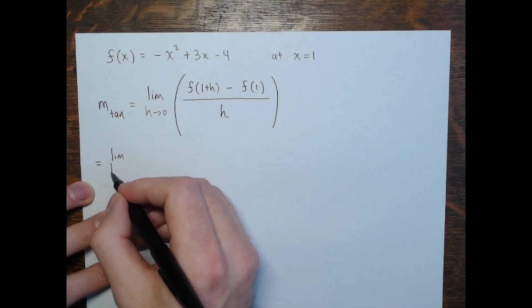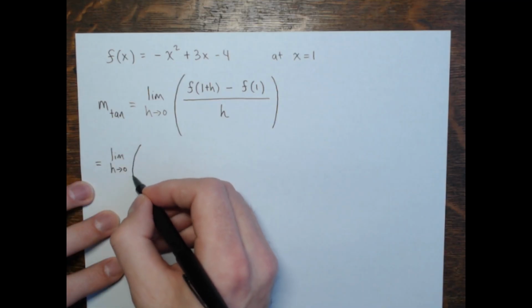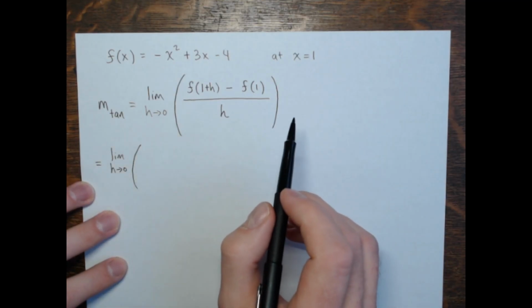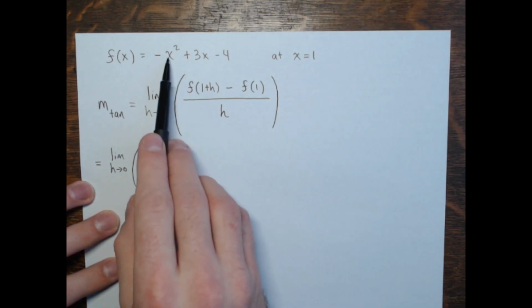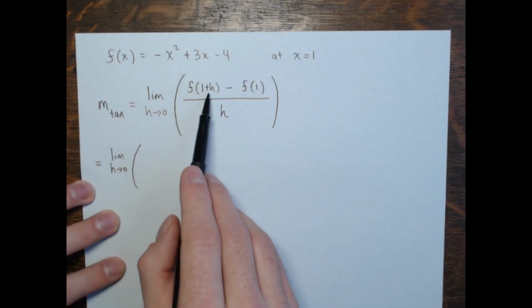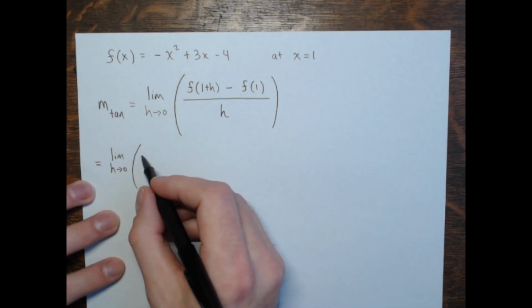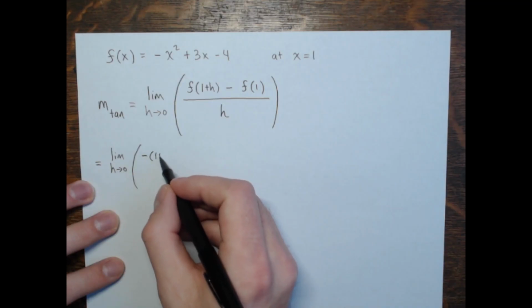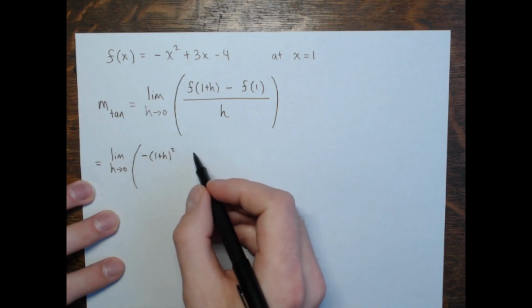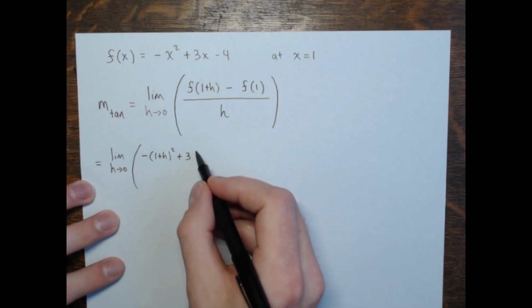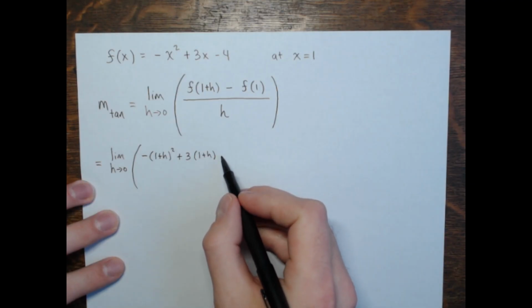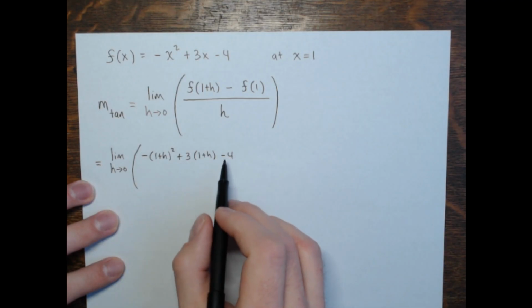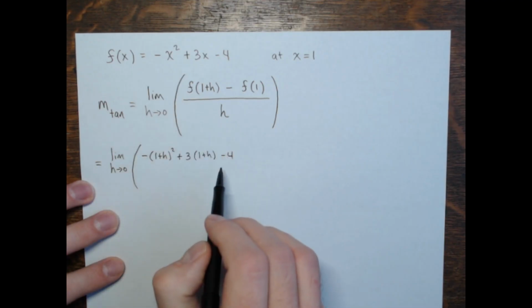So I got the limit as h approaches 0. Now, the value of f at 1 plus h, just go through the rule, replacing all the x's with 1 plus h. So I have the opposite of 1 plus h squared plus 3 times 1 plus h, and then minus 4. Right, there is f at 1 plus h.